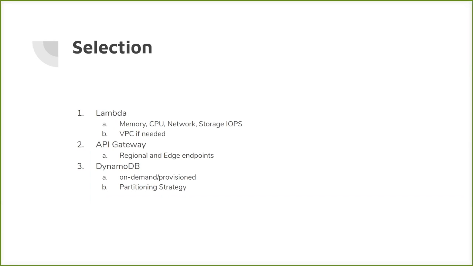First, how we do selection and things like that. If we think about the selection of services, let's say you have a Lambda function. These Lambda functions are tied to a memory unit, which directly correlates to the CPU, network, and storage IOs.